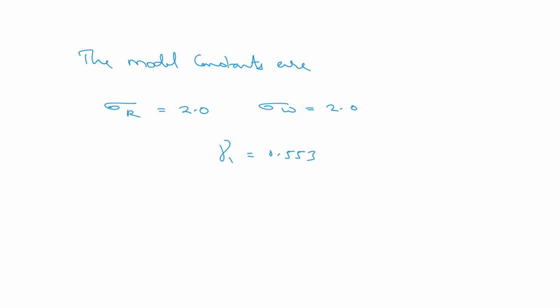So the model constants are sigma k equals 2, sigma omega equals 2, gamma 1 equals 0.553, beta 1 equals 0.075, beta star is 0.09.